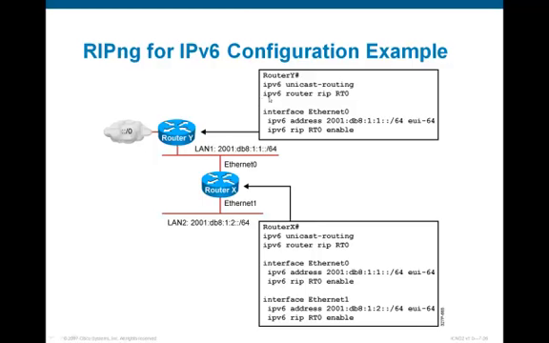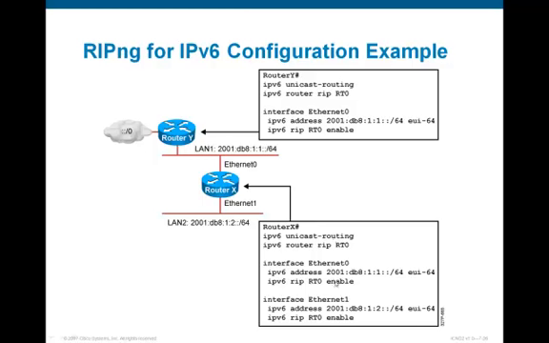So to do so, we simply use the command ipv6 router rip followed by a name, in this case RT0, and then we simply go to the respective interfaces and say ipv6 rip RT0 enable.